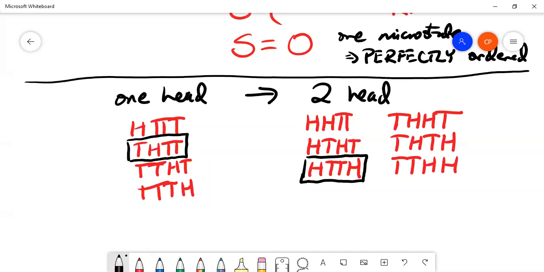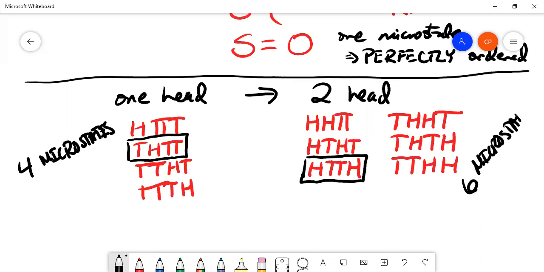But because there are 4 microstates associated with 1 head, and because there are 6 microstates associated with 2 heads, I still consider a flip that takes me from any single one-head scenario to any single two-head scenario to associate with an increase of entropy.